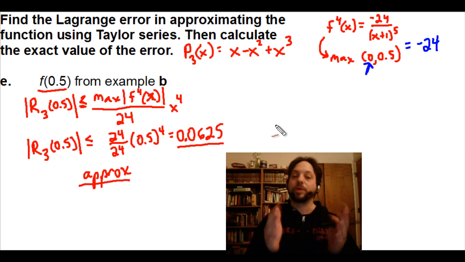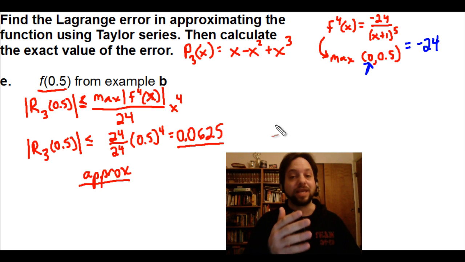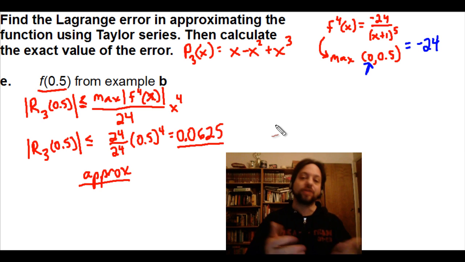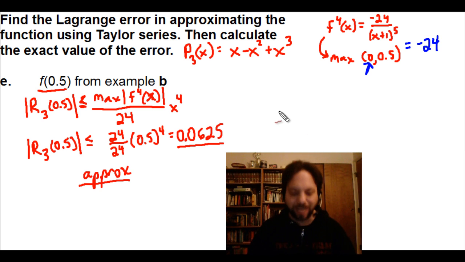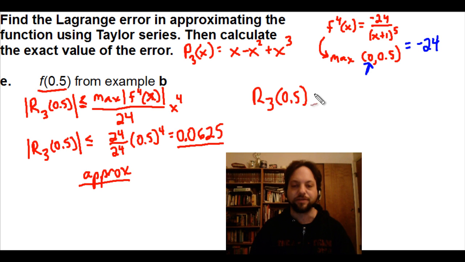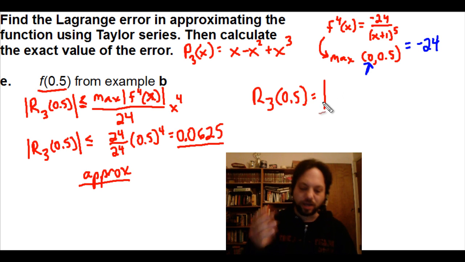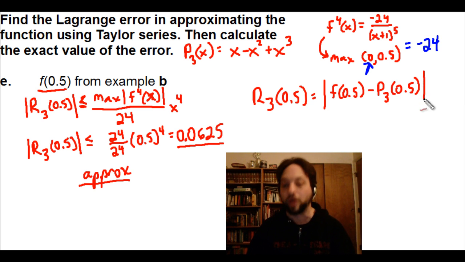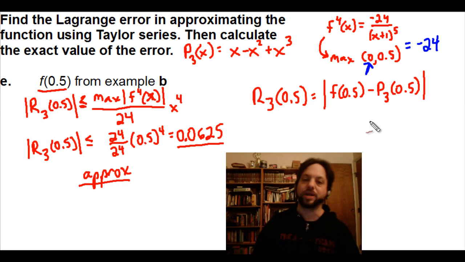Perhaps you're wondering to yourself, well, I wonder what the error actually is. And if you have a calculator, you can sit down and actually figure this out. It's not extremely difficult. Our actual remainder here, r sub 3 at 0.5, is simply going to be, as I said before, f of 0.5, which with a calculator we can work out, minus the third degree Maclaurin polynomial at 0.5, which, again, with a calculator, we can work out.